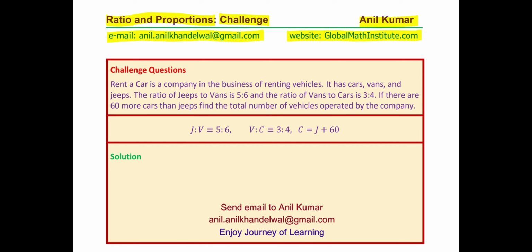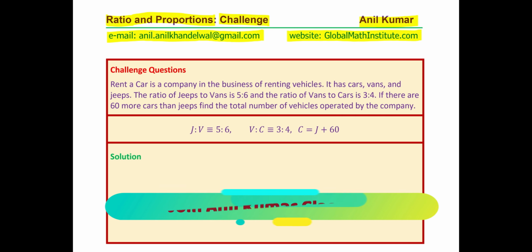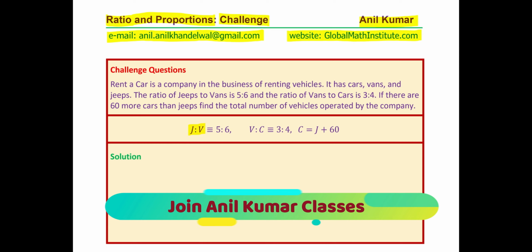Now, once you read the question, it is important to write down the key things given. In this case, we are given that the ratio of jeeps to vans is 5:6, and the ratio of vans to cars is 3:4. We are also given that the total number of cars is 60 more than that of jeeps. You can write them in the form of equations, which I have shown here.